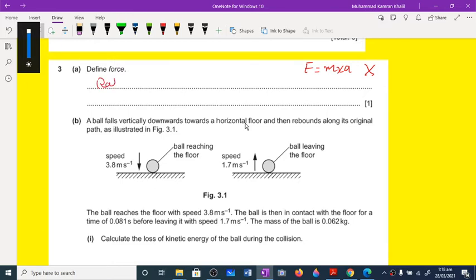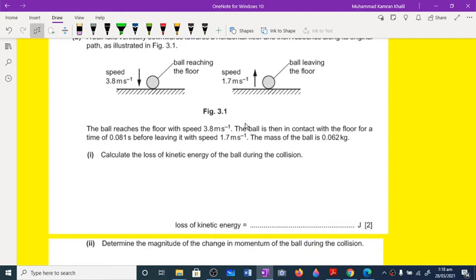The rate of change of momentum is called the force. So this is the answer of this question. If you write that force is equal to the product of the mass and acceleration, you will not get the credit for that answer. So force is the rate of change of momentum.